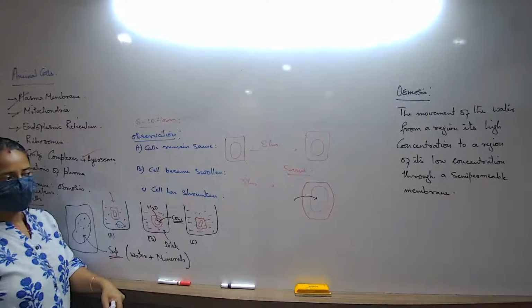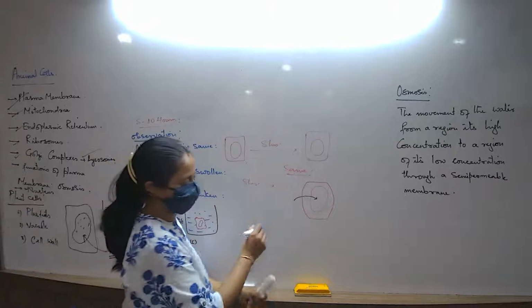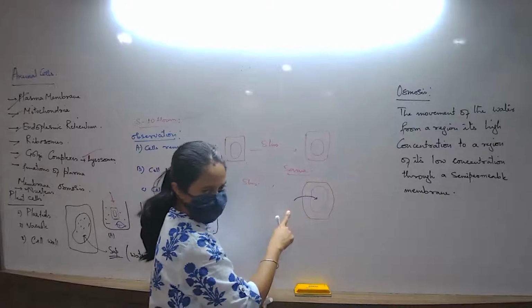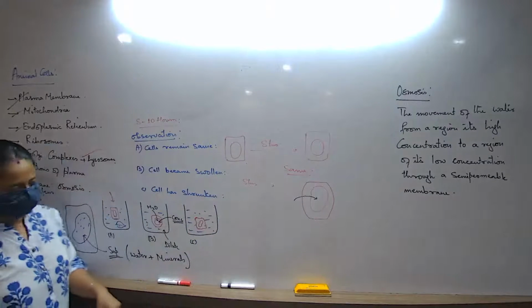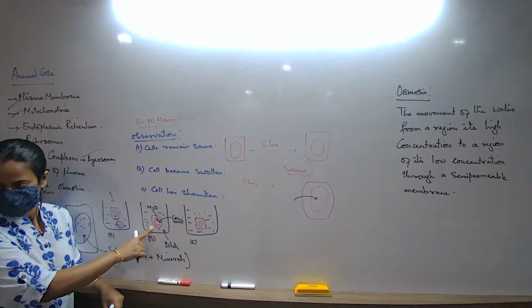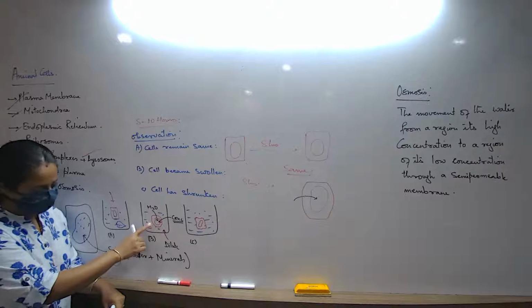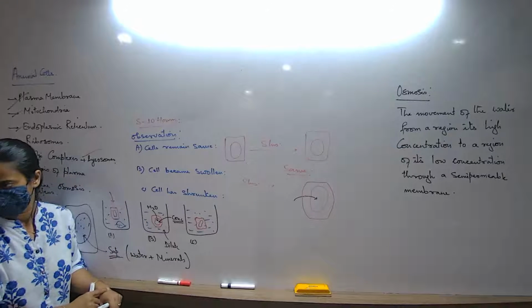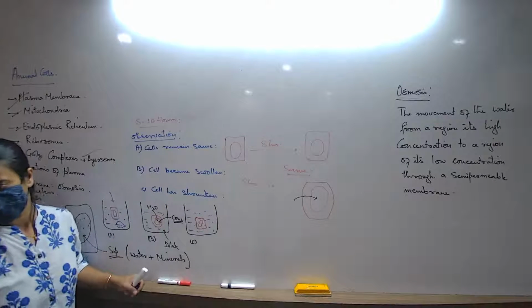Why? Because water is entering the cell. Can we say that this is osmosis? When we are talking about the water entering, again come to this figure. What is happening here? Water is entering from the beaker to the cell. Follow the definition now.